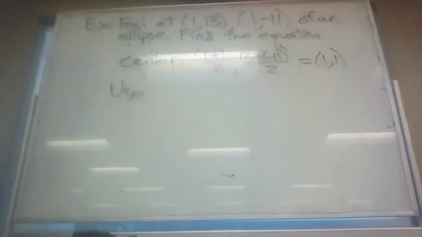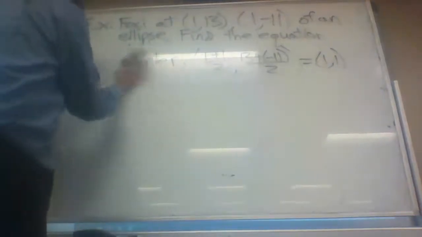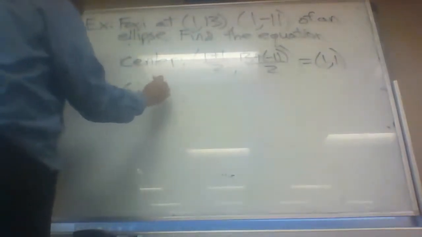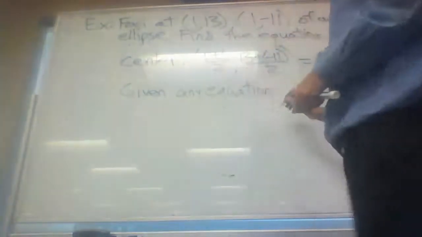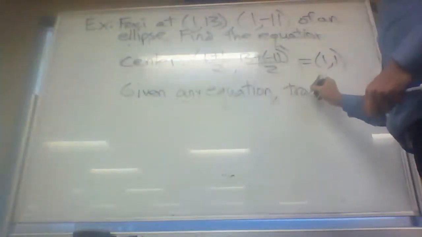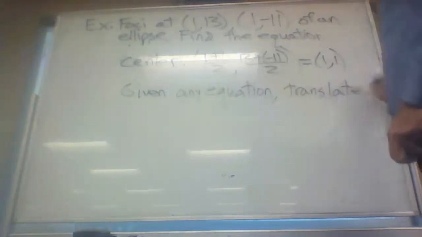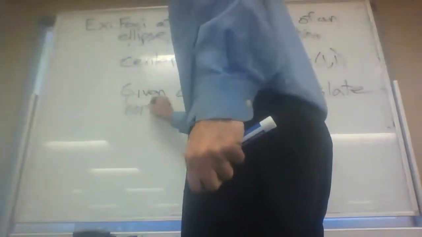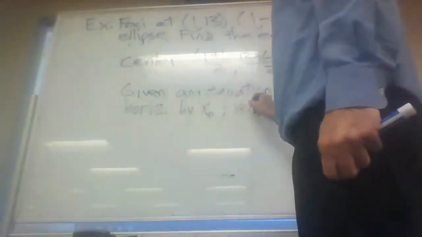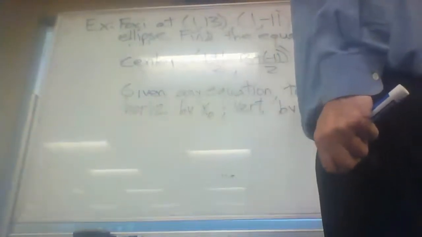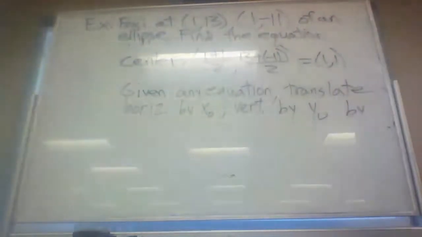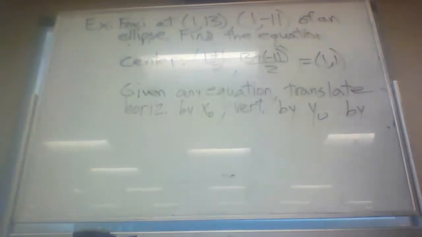So how am I going to get its equation? Algebra to the rescue, right? Remember how to translate things in algebra? Given any equation, doesn't matter whether it's these conic sections or not, you can translate the graph, that is, shift it across the plane horizontally by a number x0 and vertically by a number y0.